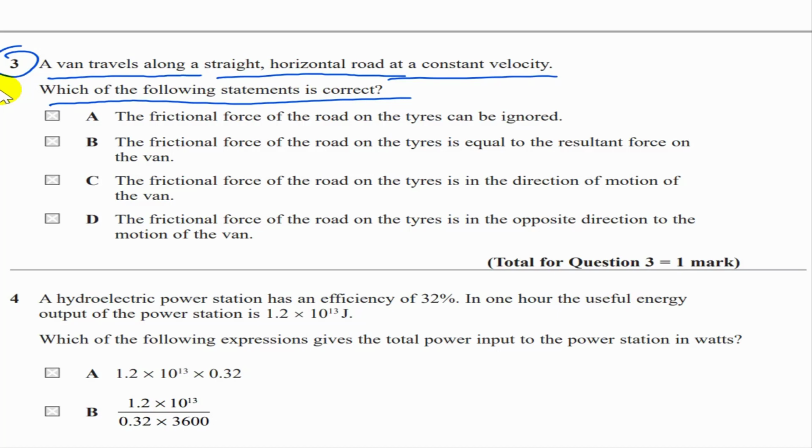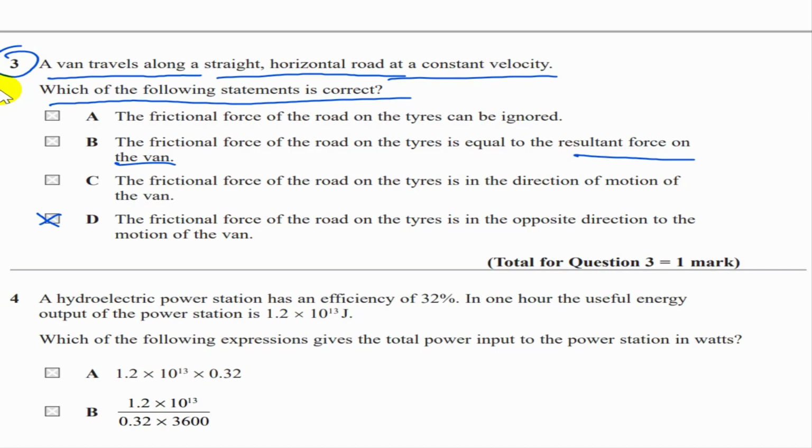The frictional force of the road on the tires is in the opposite direction to the motion of the van. So it is a correct statement. So correct answer is D. Option B is similar.